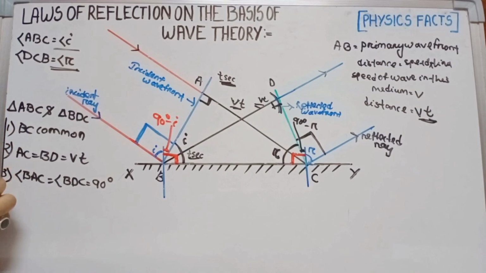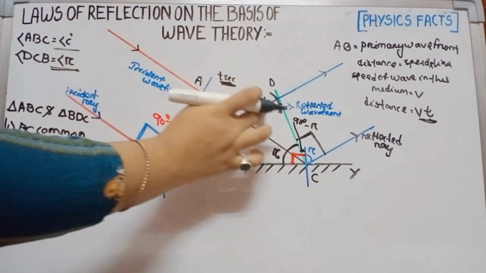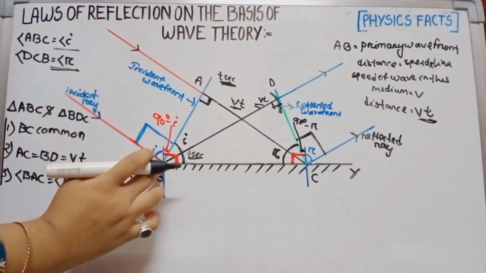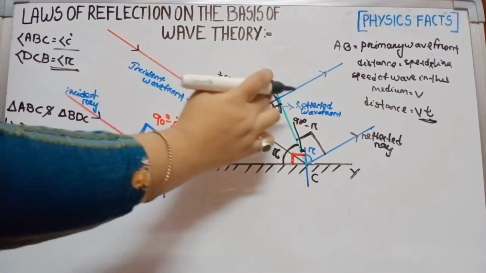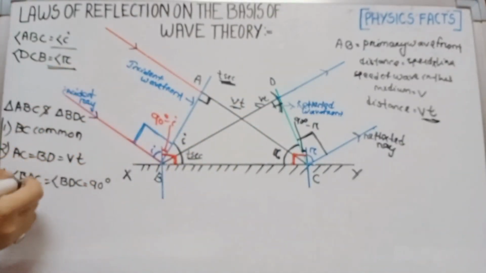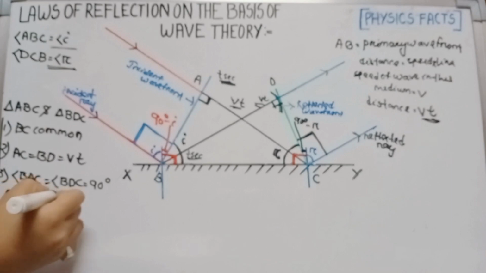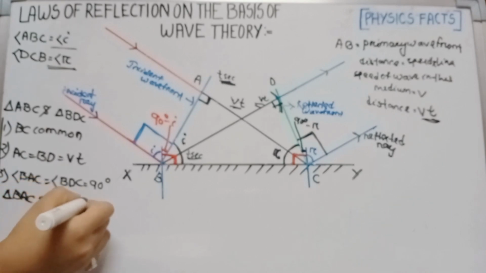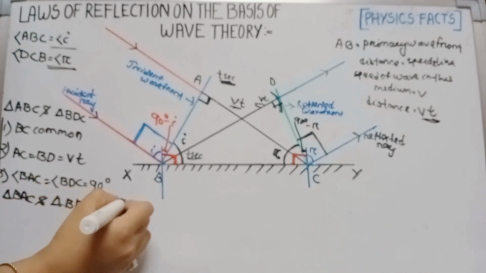Depending upon these three concepts, these two triangles, that is BAC and BDC, are similar to each other. So angle BAC and angle BDC are similar.